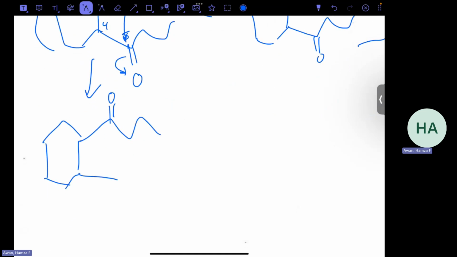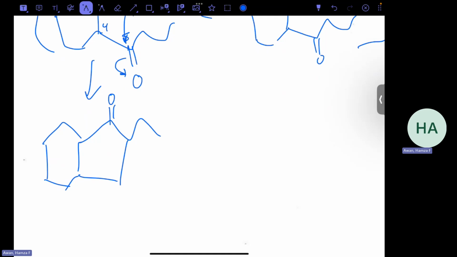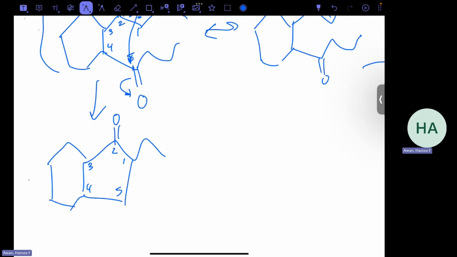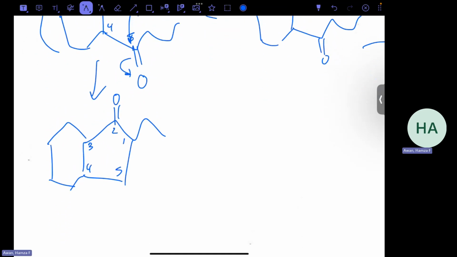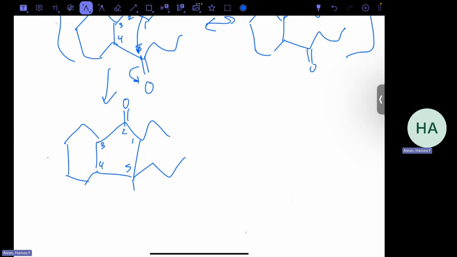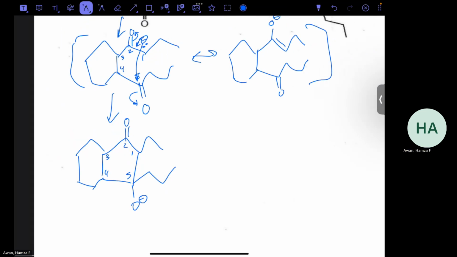If we created a ring structure and we started with 3 and 4 because they're over here, 3 and 4, so 2, 1, 5. And then on carbon 5, we have the 1, 2, 3 carbon chain. And on carbon 5, we also have an O minus.